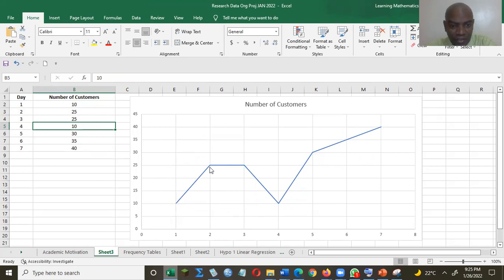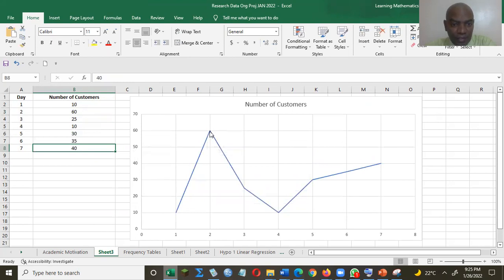Okay. If I increase the second point, let's say I put it at 60, you can see how the line has adjusted to accommodate the behavior of the y variable. Let's keep this as 60 again.